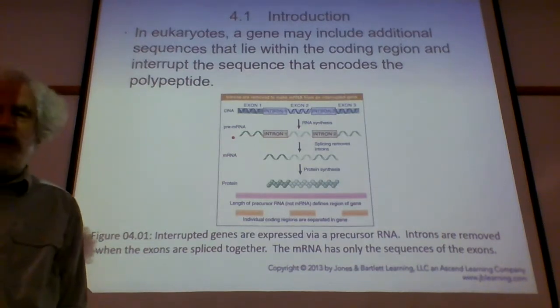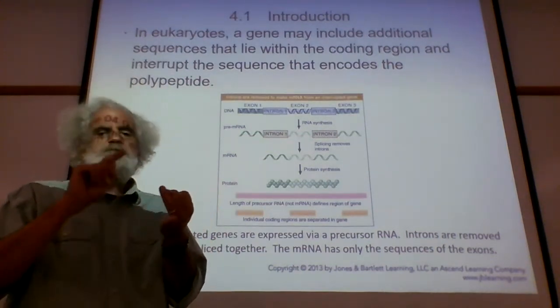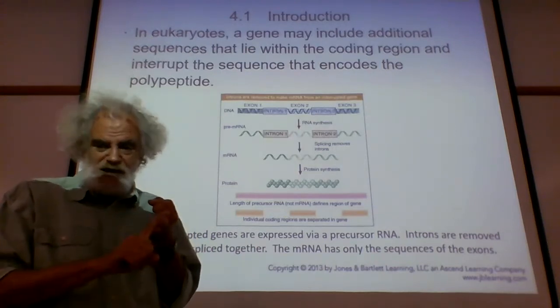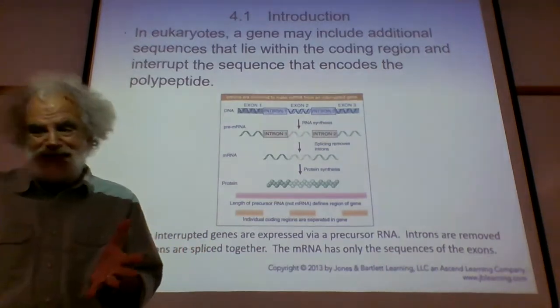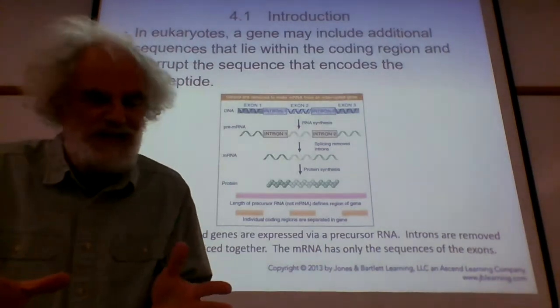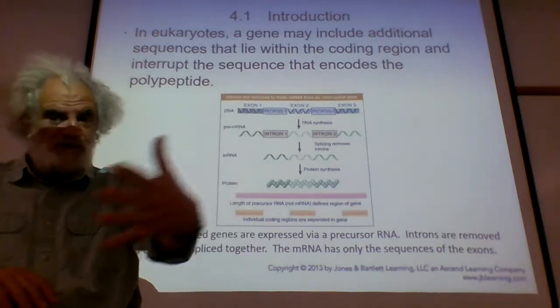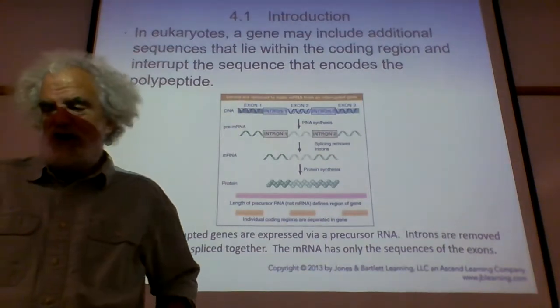Then the messenger RNA is going to be processed. We've mentioned this before: the 5' cap, the 3' poly A tail, and splicing. These things are occurring somewhat simultaneously, as the RNA, after it's been transcribed, can now be processed.